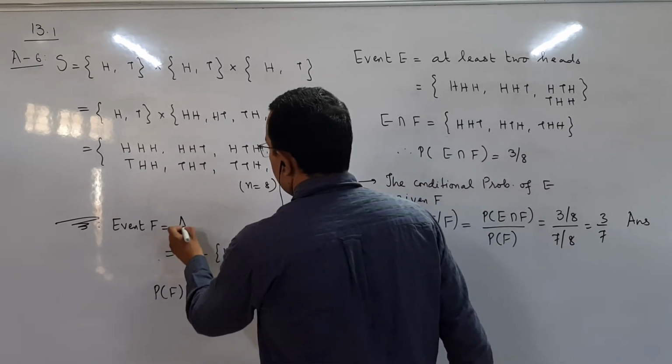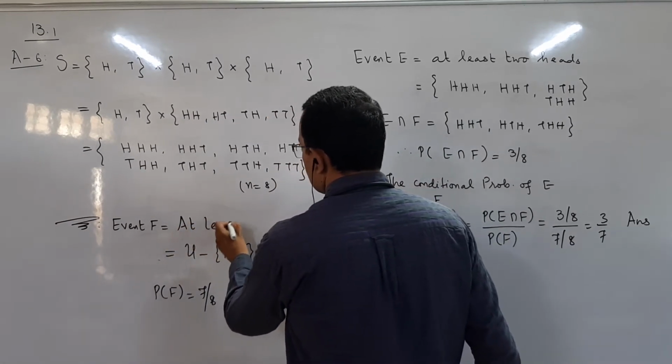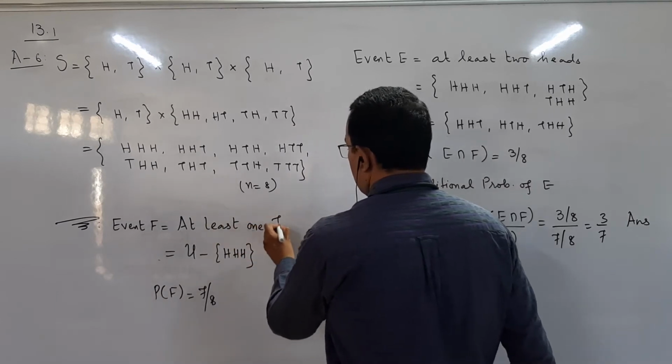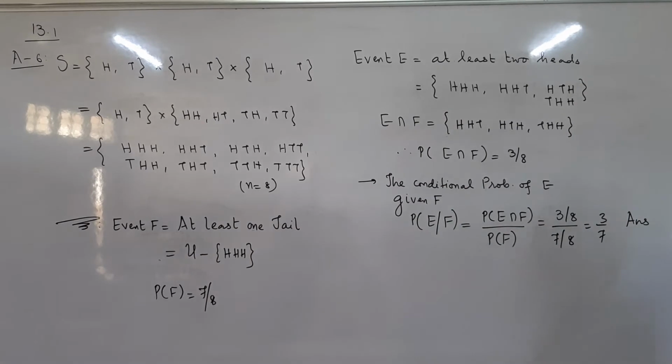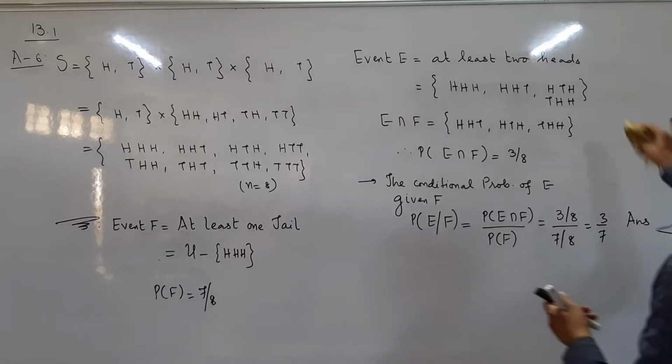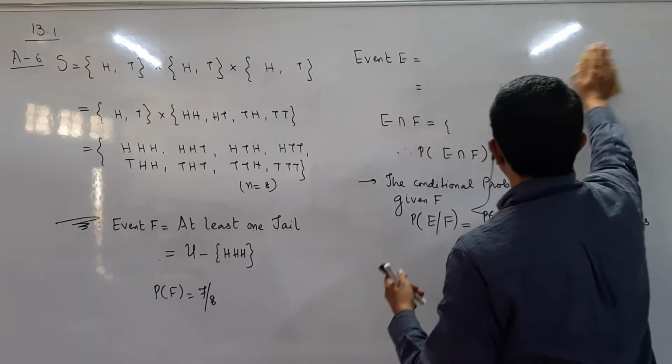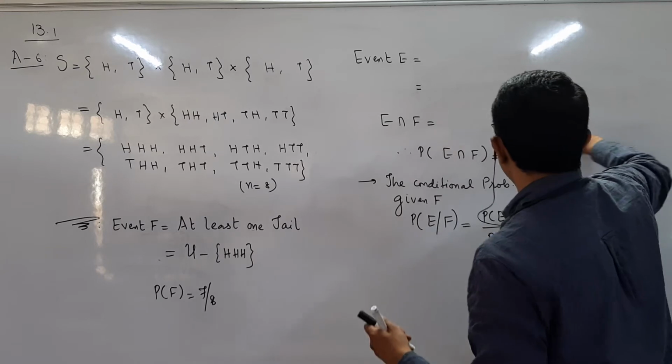Elements with at least one tail. So I should write elements with 1 tail, 2 tails, and 3 tails. So this format remains the same. And event F, at the most 2 tails. Event D, sorry, I should say event E.